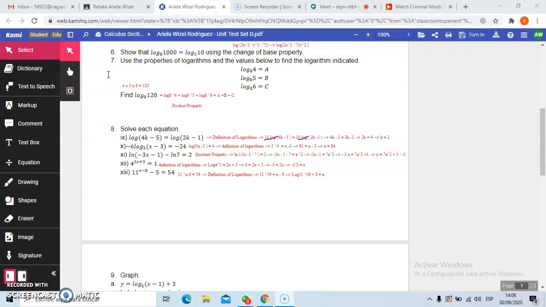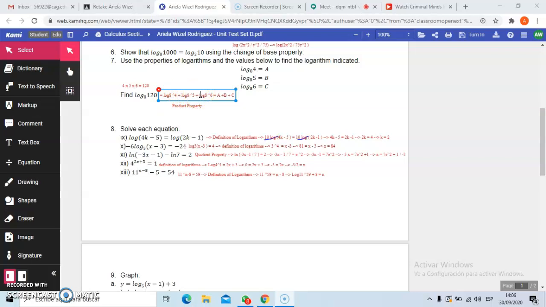For number 7, I know that 3 times 5 times 6 is equal to 120, so the answer for this one would be log base 8 of 4 plus log base 8 of 5 plus log base 8 of 6.